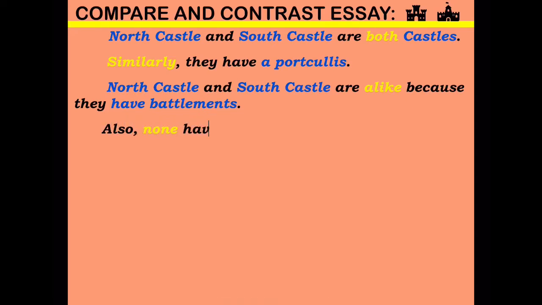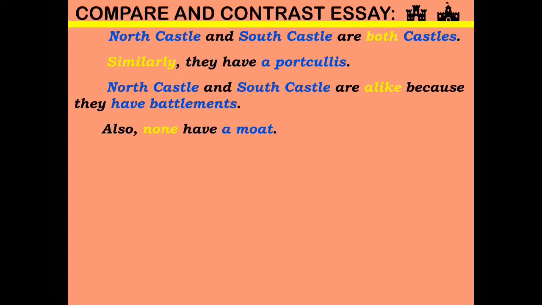Also, none have a moat. Do you remember? The North Castle didn't have a moat, and the South Castle didn't have a moat either. So the sentence we use is also, that is a linking word you already know. None, which is a new one, that's why it's in yellow, have a moat. These would be the sentences where we are comparing the two castles.